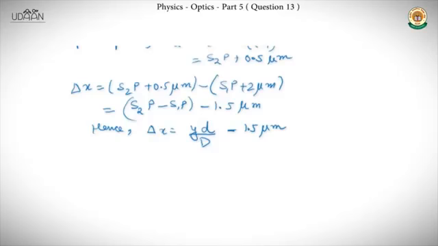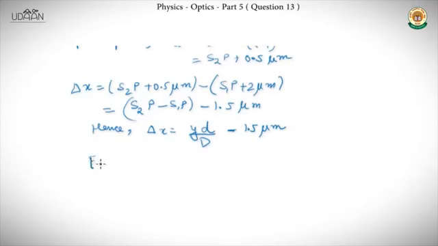So for the central bright fringe, we need to put delta x equal to 0, as the optical path difference at the central maxima is 0.